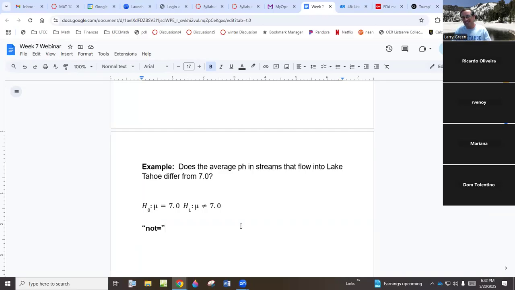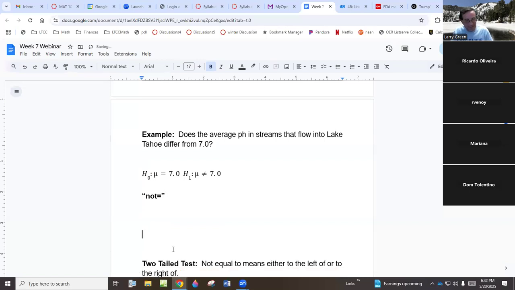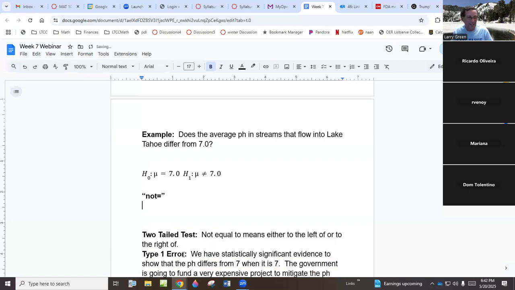Data, that's the fourth step. The second step was to decide on the ramifications of a type 1 and type 2 error. Do you remember that? The bad stuff that could happen if the test kind of drew you the wrong way.